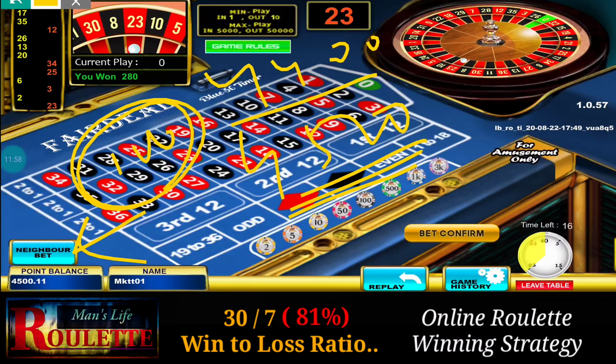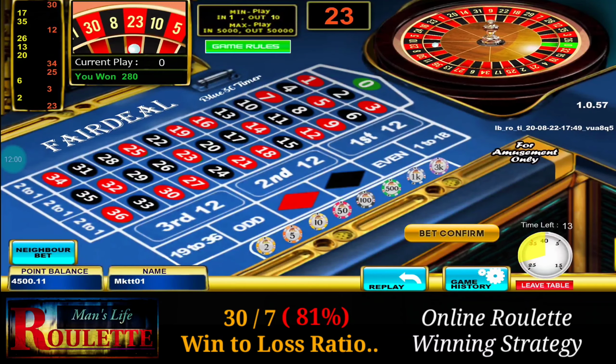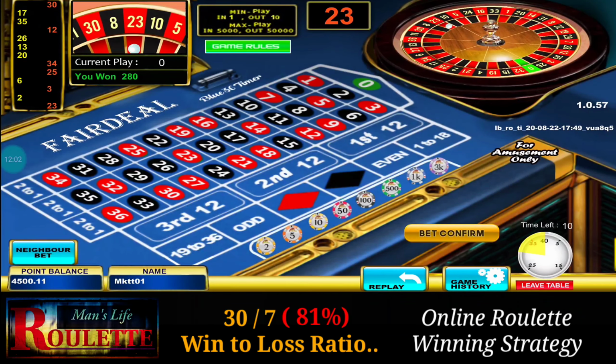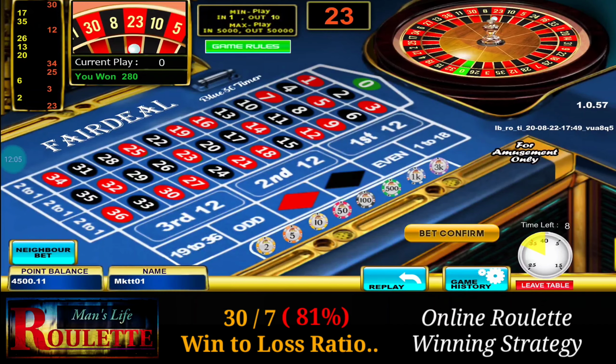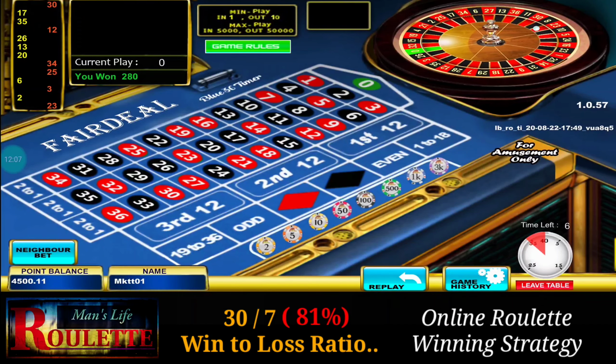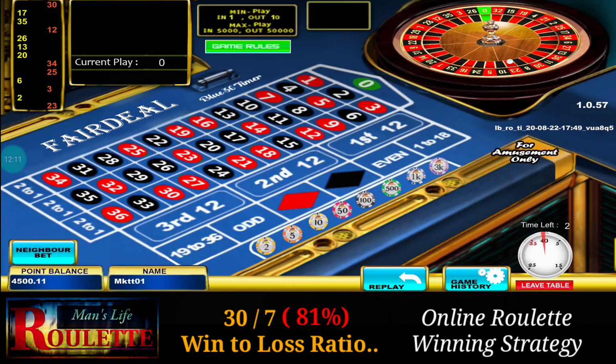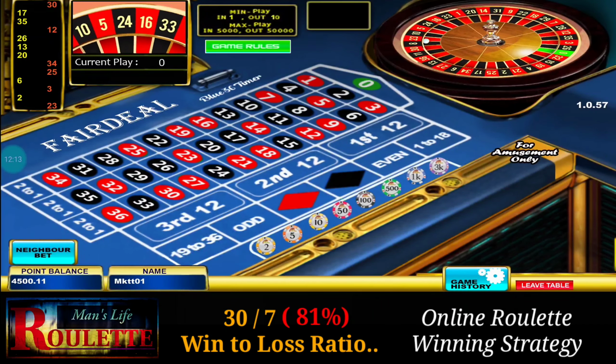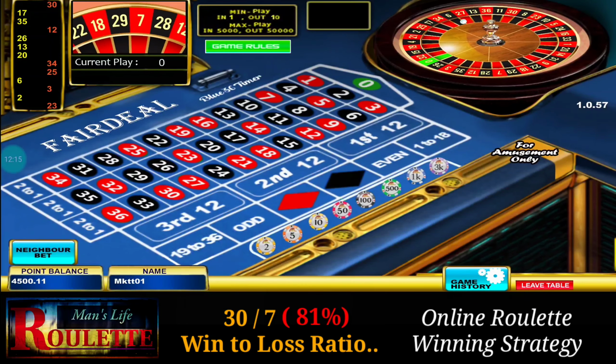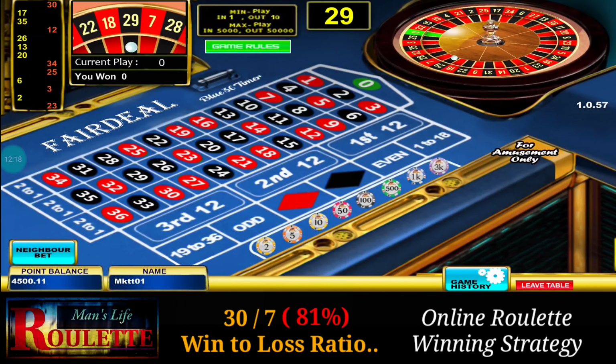So this is the strategy. It's quite simple. You can use this strategy on an online table. But never try to use this type of strategy with a real table, because the bet size will mount so heavily after every loss that it will become impossible to follow all the losses.